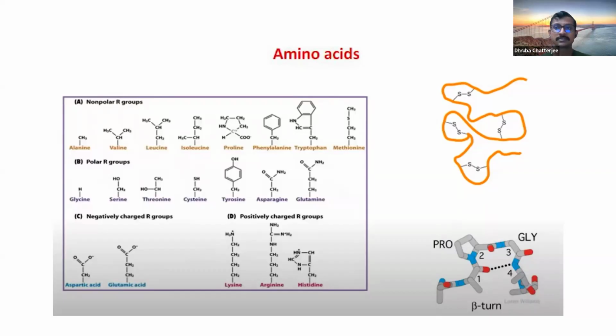There are non-polar hydrophobic amino acid residues like isoleucine, leucine. There are very unique amino acid residues like proline, which is present in the beta turns and is kind of a helix breaker, and some amino acid residues like glycine, which have very little constraint and provide flexibility to the polypeptide chain.